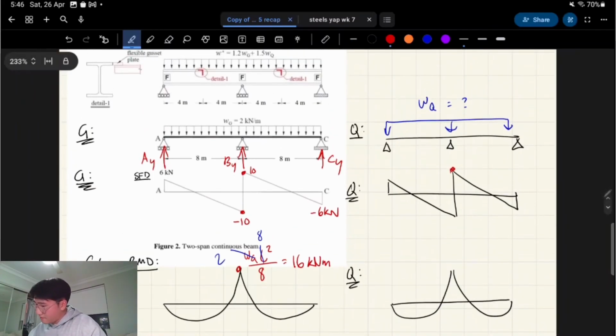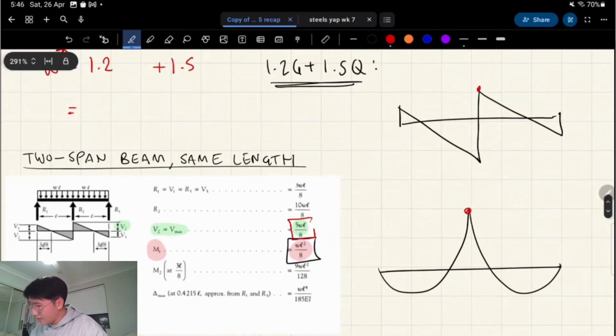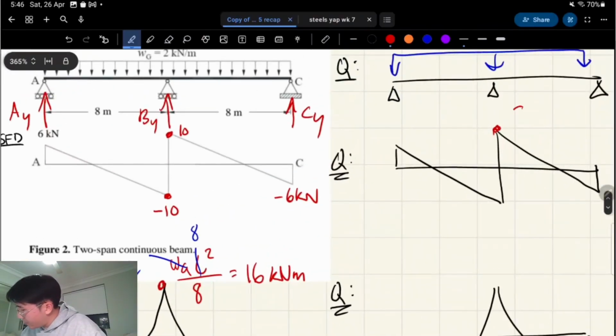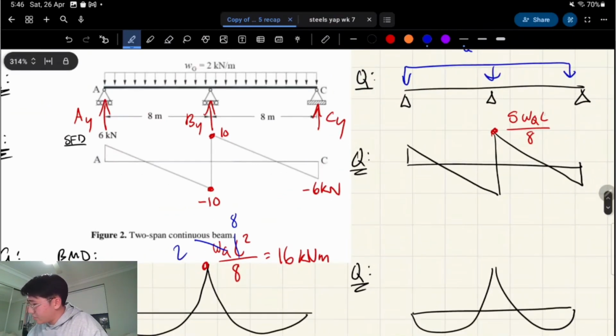For live load, this is where I was trying to go with this. 5 WQL on 8 will apply to there now, and this would be our max shear for just live load.